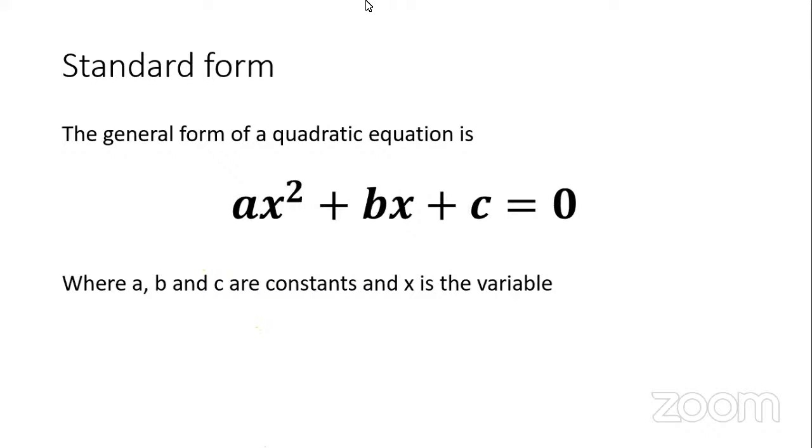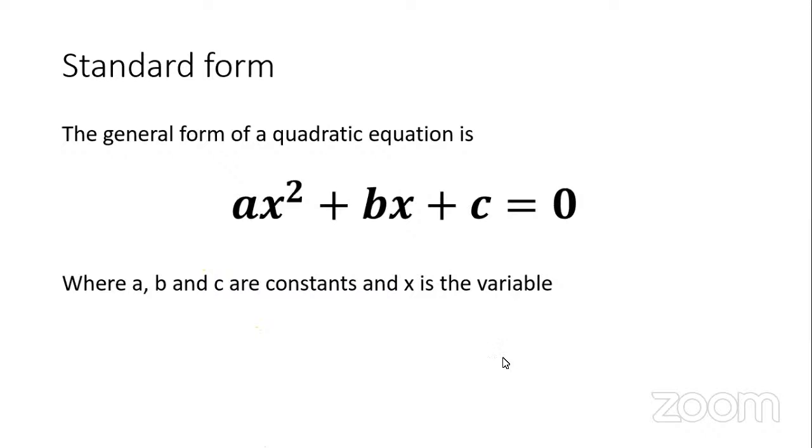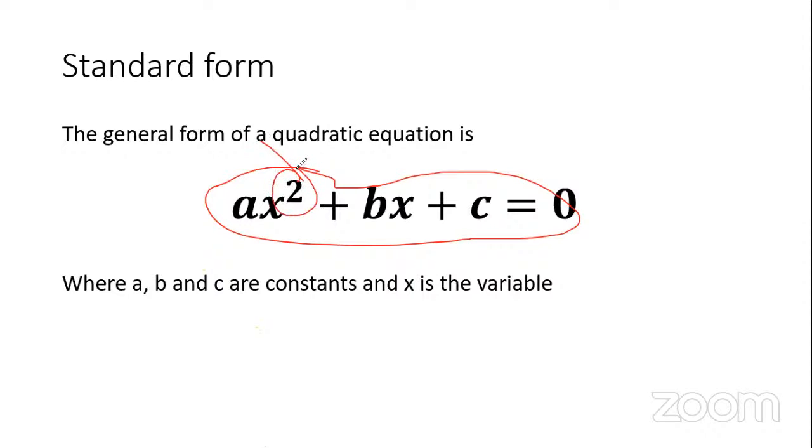Okay, Mutebi, once we ask you to speak, you're free to unmute and speak. So we are saying an equation in this form of ax squared plus bx plus c is a quadratic equation. We have already talked about this to power 2.